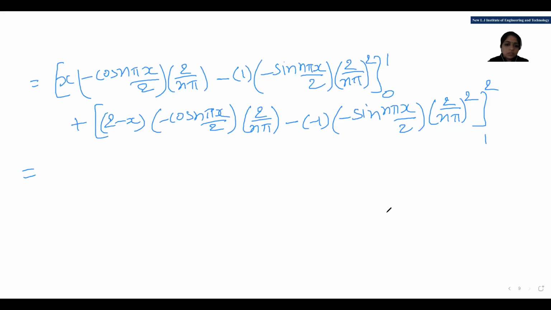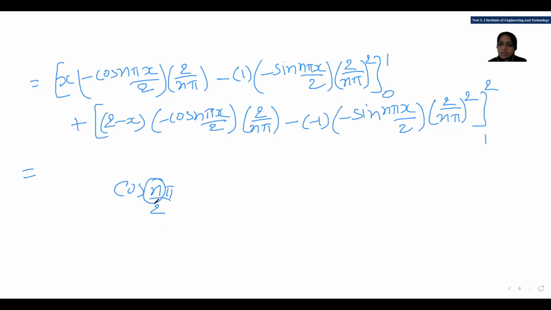Most of the students are saying that cos n pi by 2 is 0. But that is wrong, because if I take n equal to 1, then cos pi by 2 is 0, but if I take n equal to 2, then it is cos pi, which is minus 1. So students, we can't say, because it depends on the value of n.